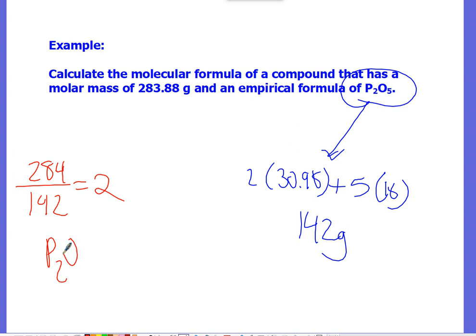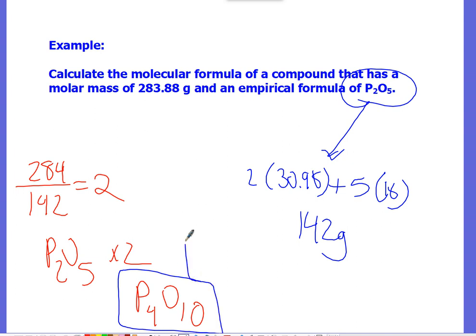What is P2O5 times 2? P4O10, that's the formula for the molecule. And you can check and make sure it equals that mass that they gave. The molecule is twice as heavy as the empirical formula, so the formula should be twice as much.